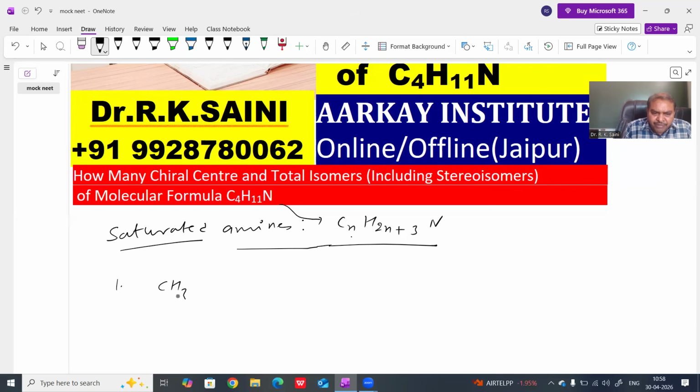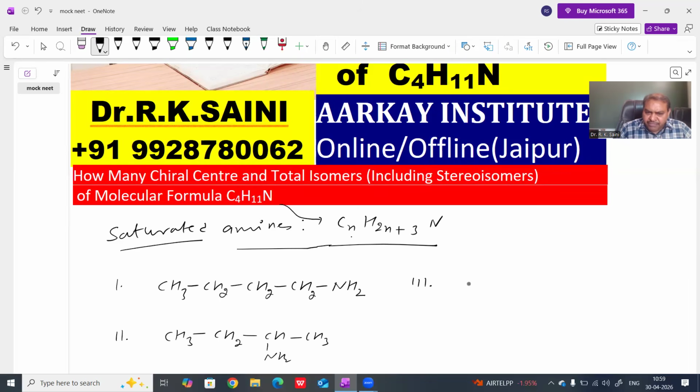Therefore, we write 4 structures of primary amine, namely n-butylamine. Second one is secondary butylamine. Third one is isobutylamine.